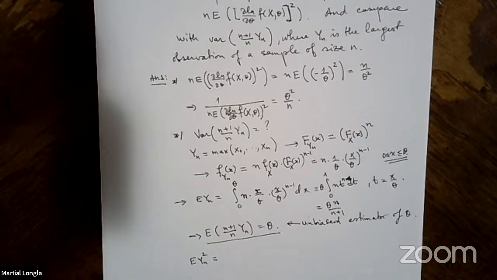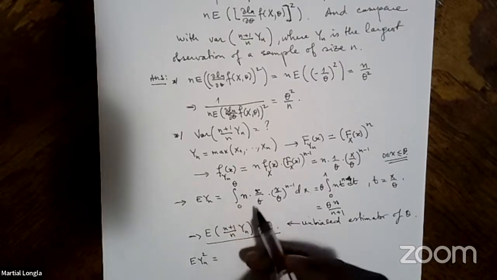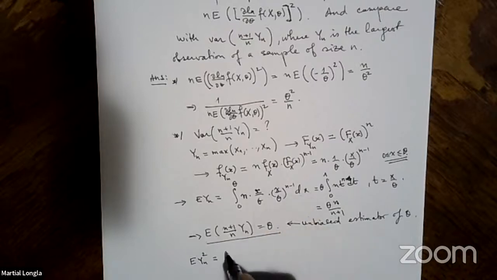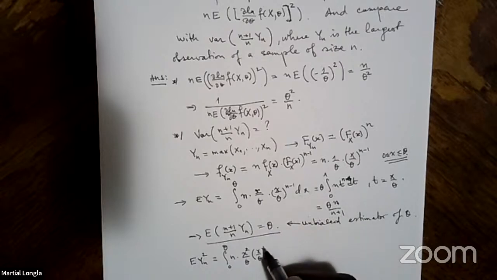What is the expected value of yn squared going to be equal to? It's this same thing, just that you're going to have x squared there. So integral 0 to theta of x squared over theta, and then x over theta raised to the power n minus 1 dx.